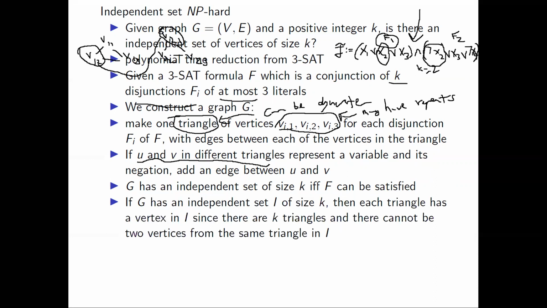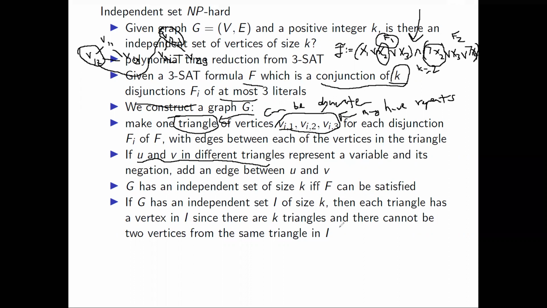So if G has some independent set, we'll call it I, of size K, then we can look in our graph that we constructed, and we can see that there are a total of K triangles, because we had this formula F, which was a conjunction of K disjunctions. For each disjunction, we made a triangle, and in each triangle, we cannot have more than a single vertex from the triangle in the independent set.